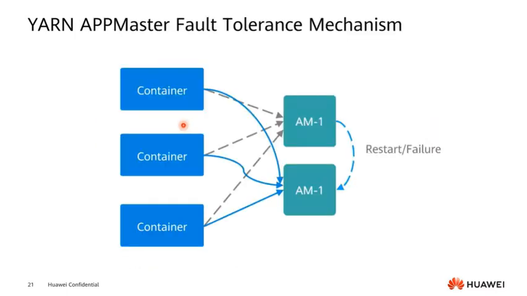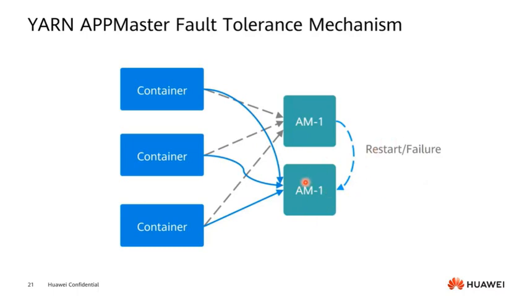In Yarn, application master may break down or shut down due to various reasons. Thankfully, Yarn has provided some countermeasures. If an application master goes down, resource manager will close all the containers that it manages, including containers where tasks are running. Then, resource manager will start a new application master on another computing node.